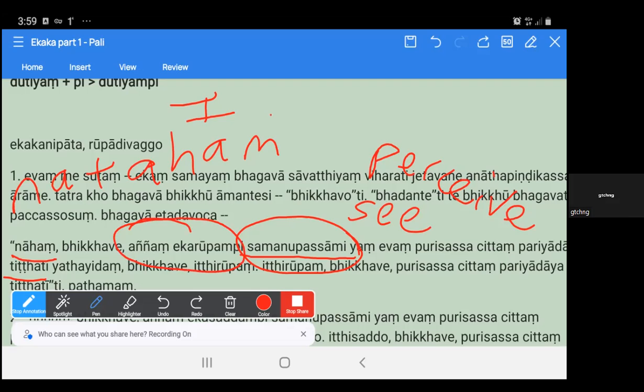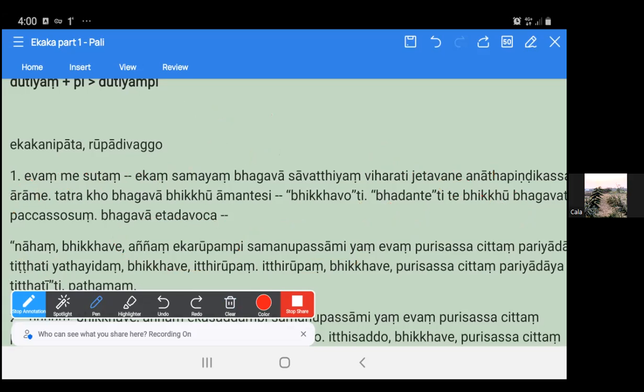We already discussed some of these things last week. Anyway, just focus on samanupassāmi. The subject is ahaṃ. The verb is samanupassāmi. And where is the object here? The object is aññaṃ ekadhammampi. So Nāhaṃ here is the subject.